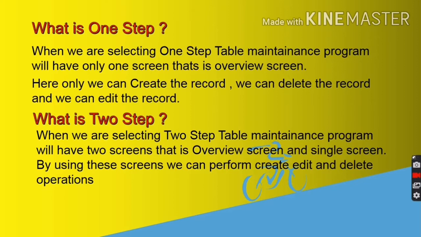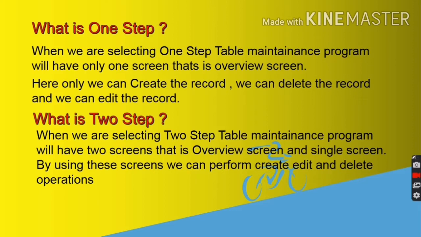Then, what is one step? When you select one step, the table maintenance generator creates only one screen, the overview screen. There we can edit the data and delete the data. The next question is, what is two steps?